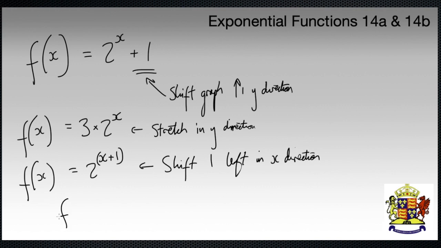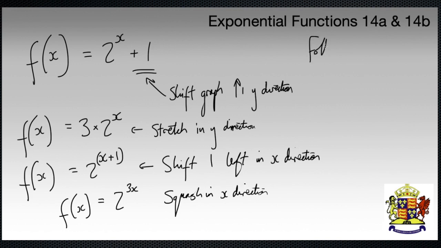And finally, you might get something like 2 to the power of 3x. Okay, well this compared to 2 to the x is going to be a squash in the x direction. Okay, so it follows all the same rules, transformations.